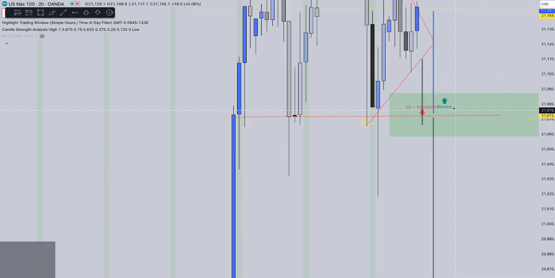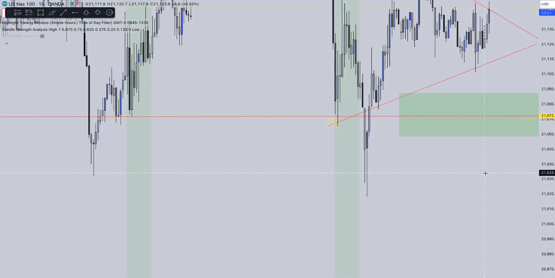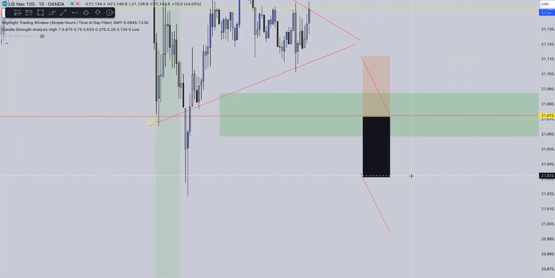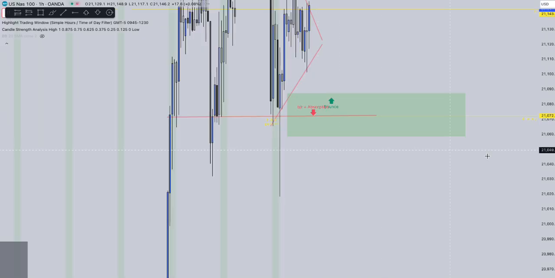Okay, so this one here, I think that's a relatively strong probability. I'd probably rate that a 7. I mean, nothing's perfect. My target's relatively shallow though. My target, no, I can't find it. 21.030, 21. 20, 21.